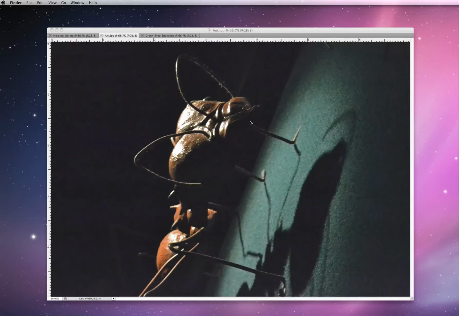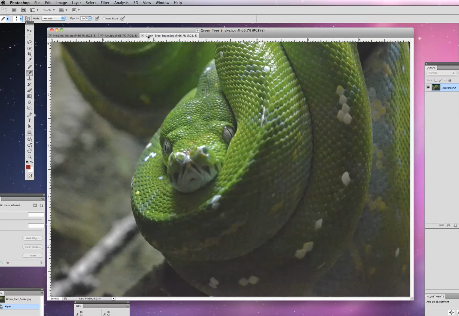So I think this was an extremely successful photograph, very three-dimensional in its quality, almost popping right off the page. It almost feels like I want to get a fly swatter and swat this ant right off the screen of my computer.